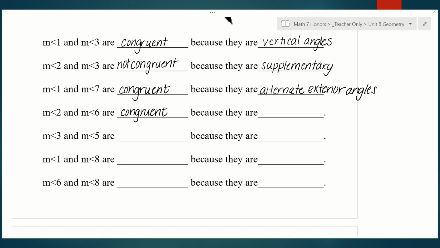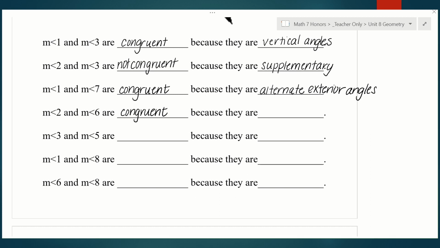I want you to look at the angles as if they're in clusters of 4. So 1, 2, 3, 4 is a cluster, and 5, 6, 7, 8 is a cluster. I want you to see that angle 2 and angle 6 are both in the top right part of their cluster.